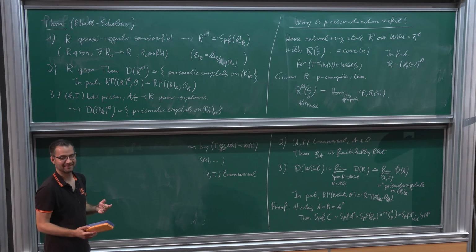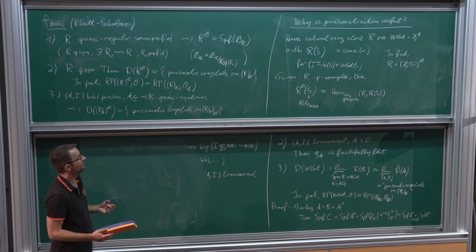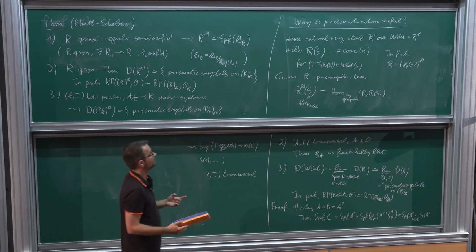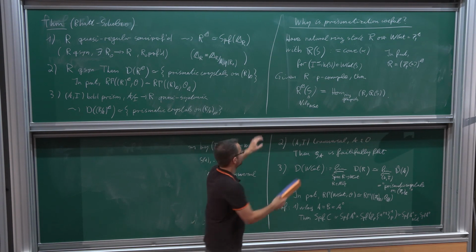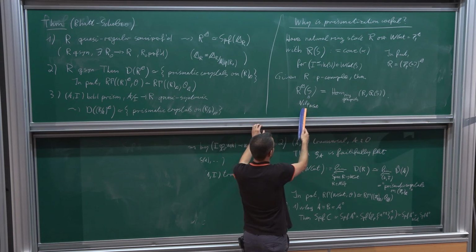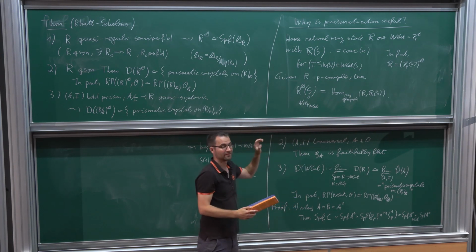Sorry. Like you say, R is a ring stack over W-curve. Yes. So with R_S, you implicitly pick a point. But this is why I wrote here that S is Nilp over W-curve.